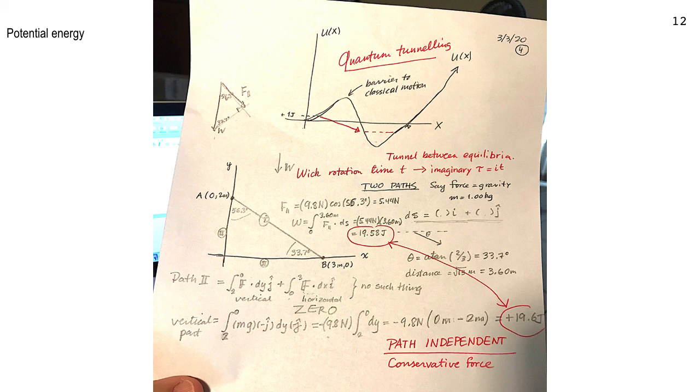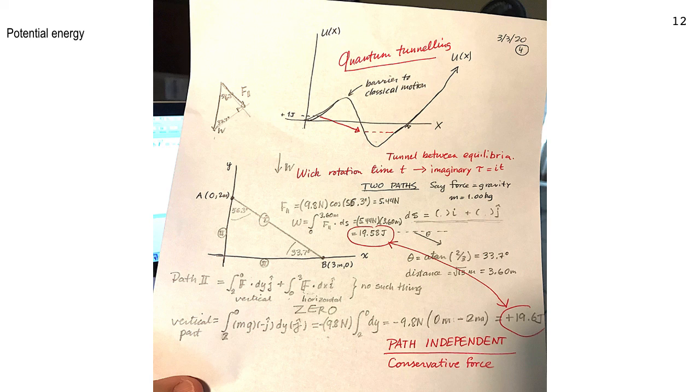Sorry, I gotta wear my specs. Okay, 56.3. Cosine 56.3 times 9.8. All right, so 5.44. Okay, so let's call this 5.44 newtons.